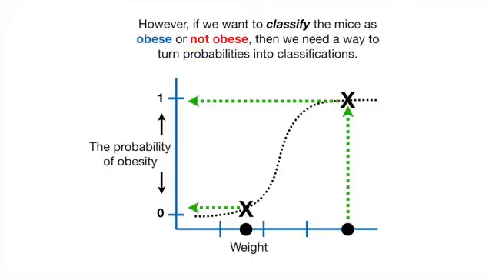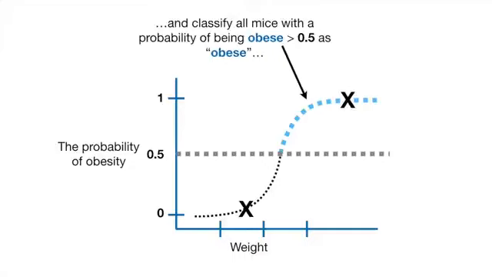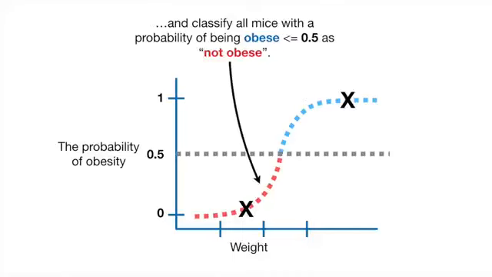However, if we want to classify the mice as obese or not obese, then we need a way to turn probabilities into classifications. One way to classify mice is to set a threshold at 0.5, and classify all mice with a probability of being obese greater than 0.5 as obese, and classify all mice with a probability of being obese less than or equal to 0.5 as not obese.